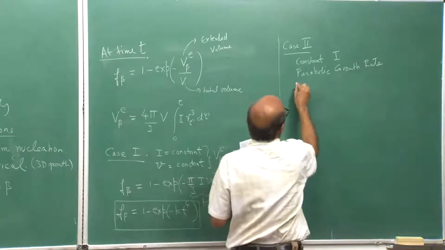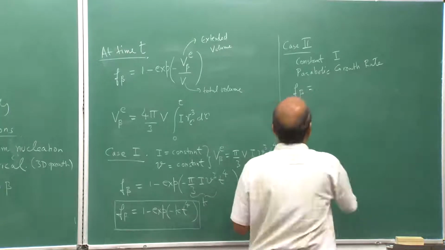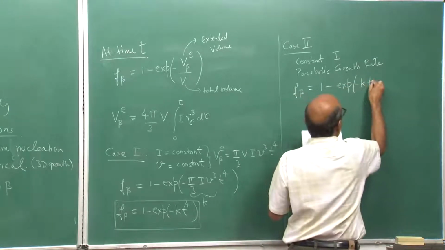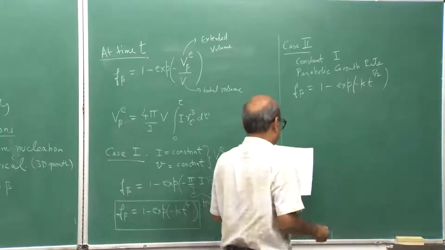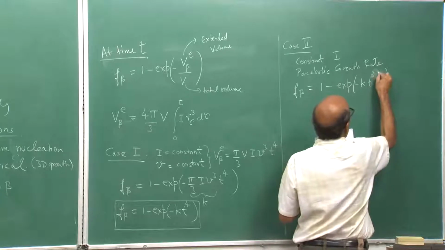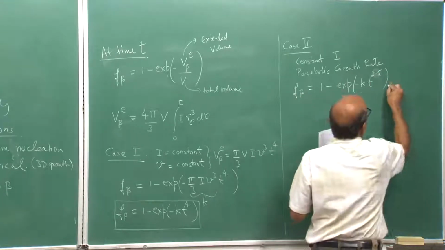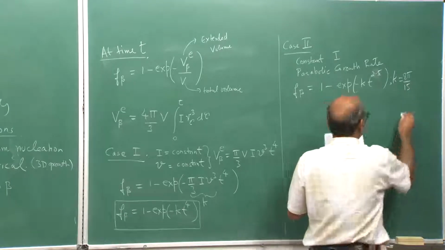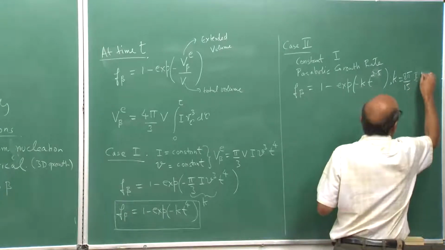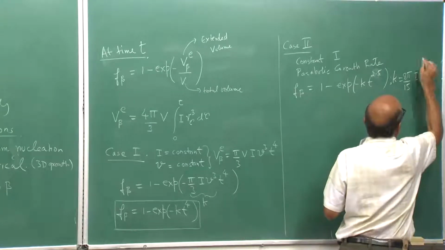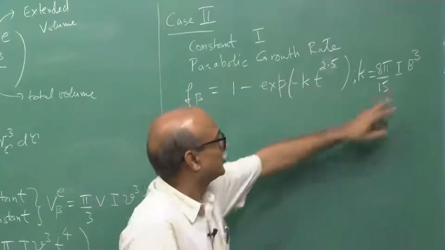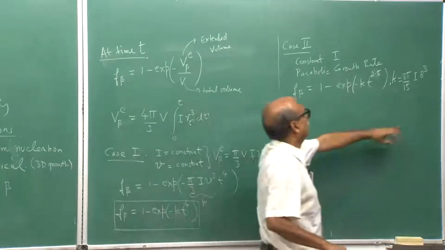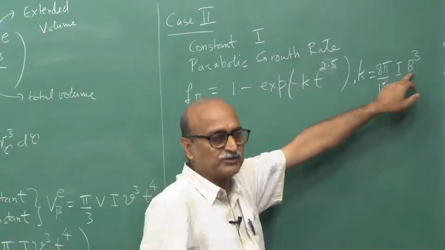In this case, fraction of beta transformed as a function of time is given by 1 minus exponential minus k t to power 5 by 2, or simply I can write this as t to power 2.5, where K is equal to 8 pi by 15 times the constant nucleation rate times a constant, a growth constant B, and this growth constant B is coming from diffusion controlled growth, which includes terms like supersaturation, diffusion coefficient, etc.